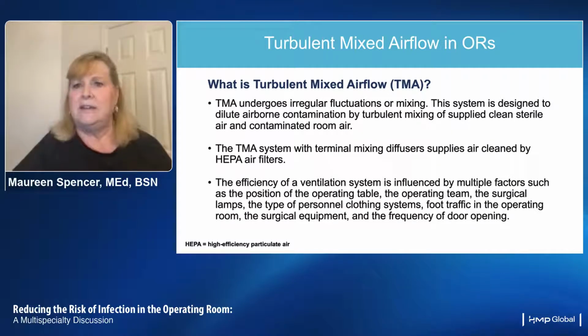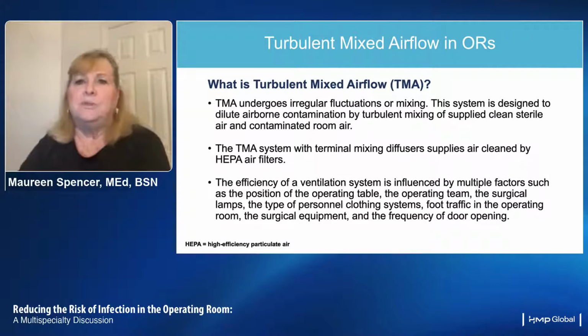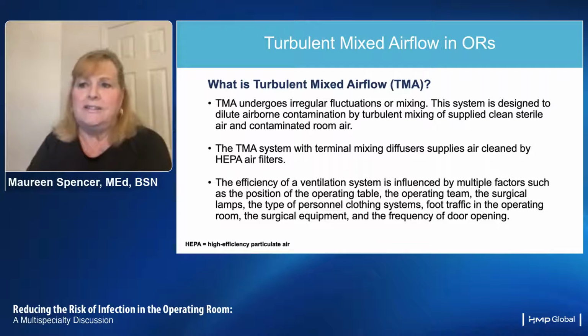It's designed to dilute airborne contaminants by turbulent mixing of supplied clean, sterile air and the contaminated room air. The TMA system, as they call it, with terminal mixing diffusers, supplies air cleaned by HEPA filters. The high-efficiency particulate air filter, or HEPA, is what's going to take out a very large amount of the particulates in the air.